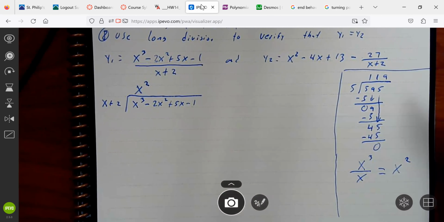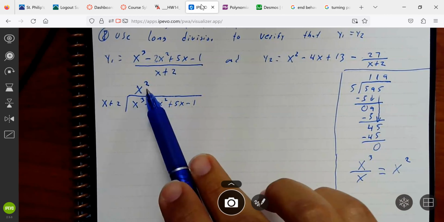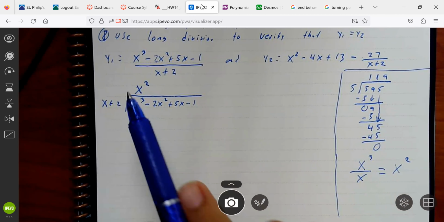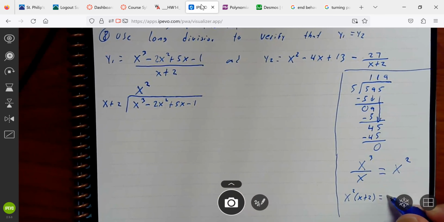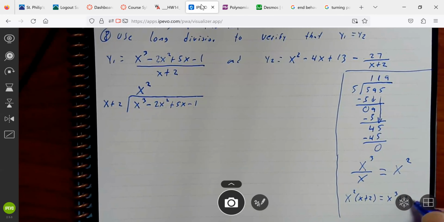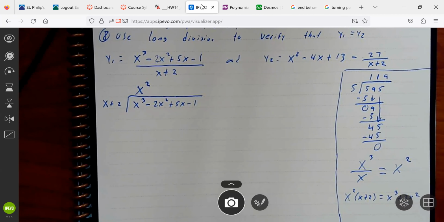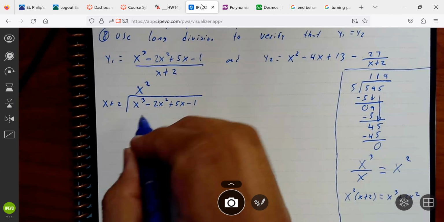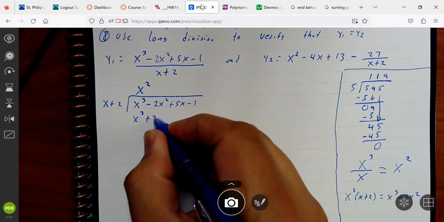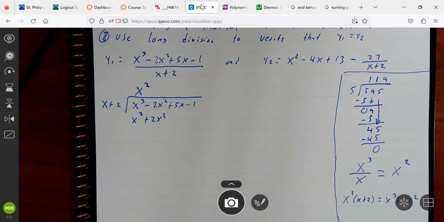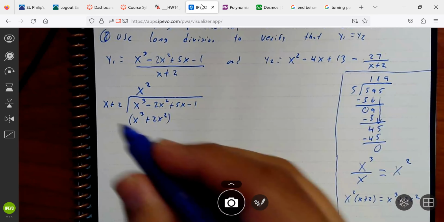Right, so now the next step, you do 1 times 5. So x squared times this x plus 2. So x squared times x plus 2. So this piece is what goes down here. But you need to subtract it, just like we subtracted the 5.